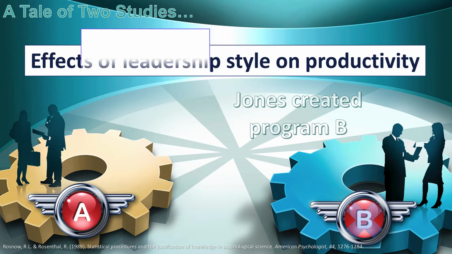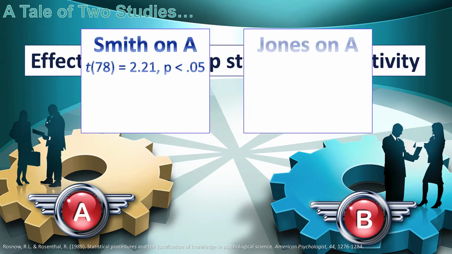Now Smith created a program, he wrote up the results of his program, and here's what he found. T with 78 degrees of freedom, 2.21, P less than 0.05, his program made a statistically significant difference in leadership. Well, Jones, who you remember created program B, replicated this study, and here's what he found.